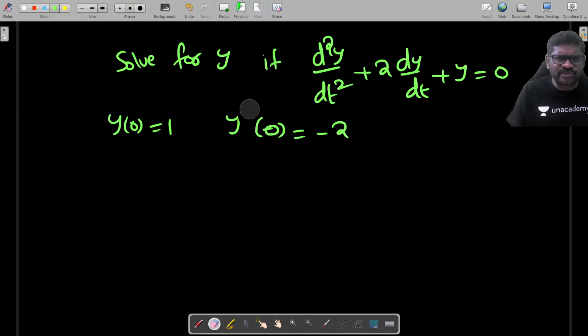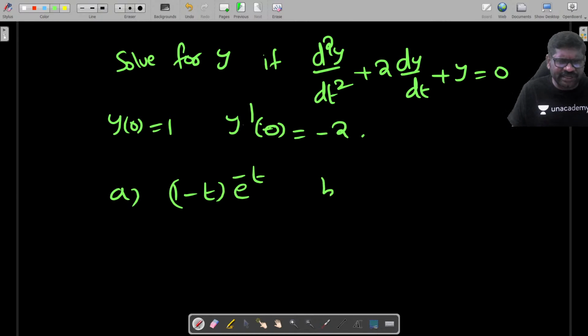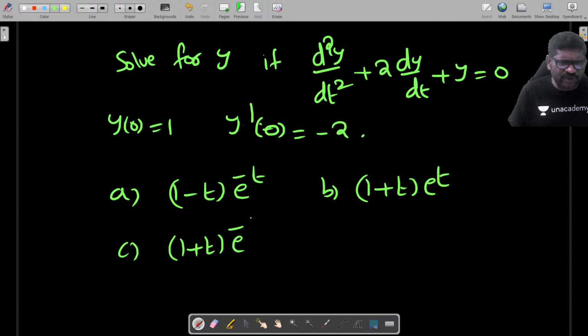First option, 1 minus t into e power minus t; 1 plus t into e power t; 1 plus t into e power minus t; 1 minus t into e power t.